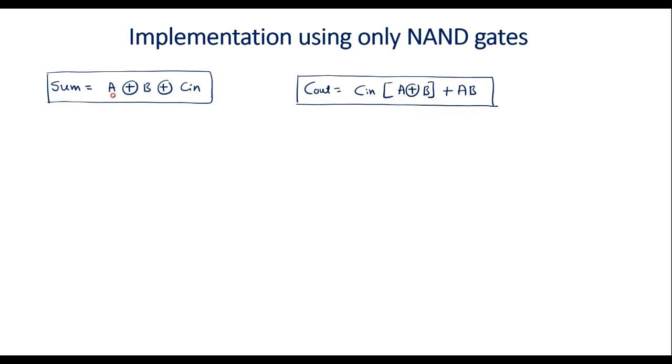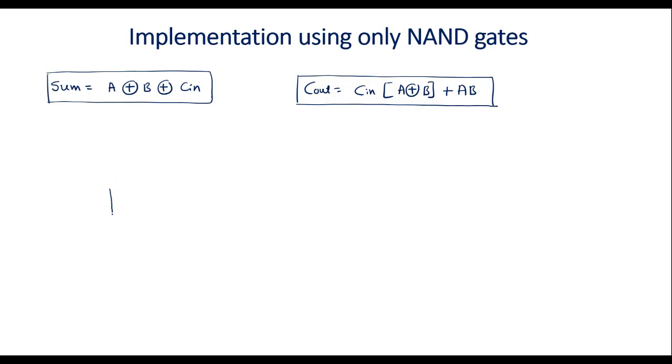Here we have A XOR B, and then an XOR operation with Cin. So let me implement A XOR B. With this implementation we need only 4 NAND gates.